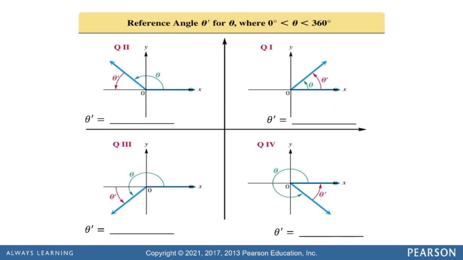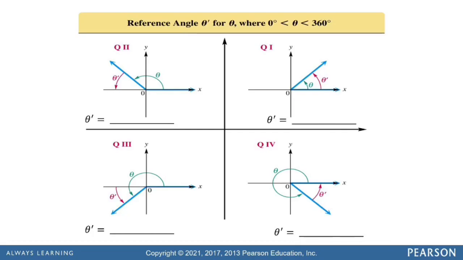Okay, now here we have a diagram of an angle theta in each different quadrant and the reference angle that goes with it. And we're going to see if we can figure out a little formula for finding the reference angle in each quadrant. So let's start with quadrant 1. So here we have a quadrant 1 angle, and you can see that angle is theta.